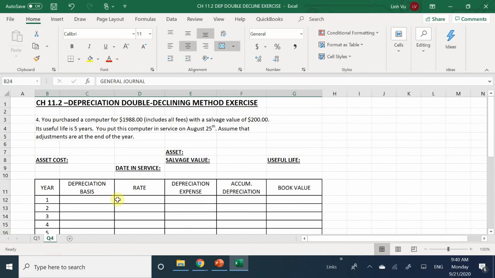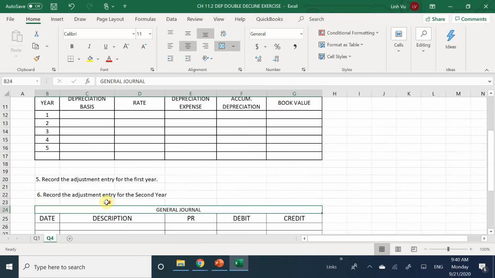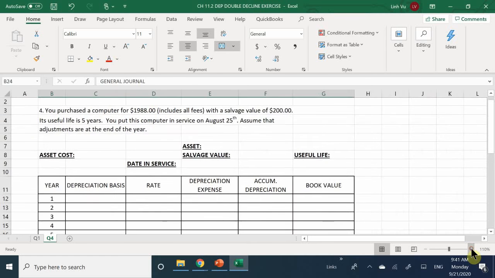Actually, the next problem is going to be monthly based. But what we can do is create a scenario where that's the case.